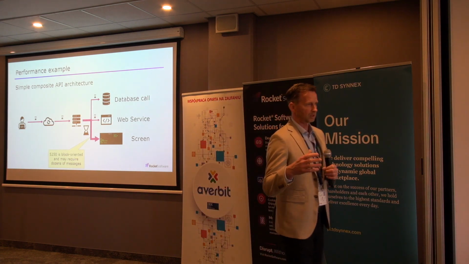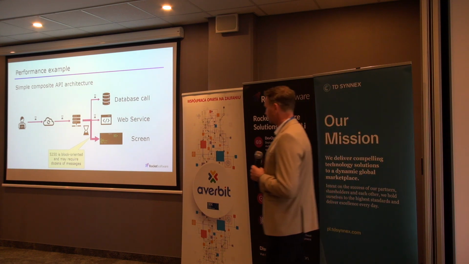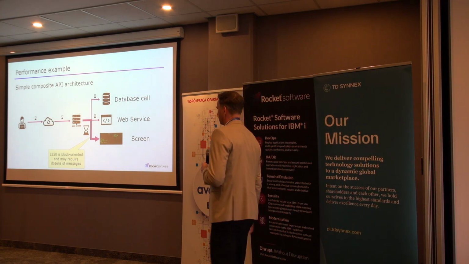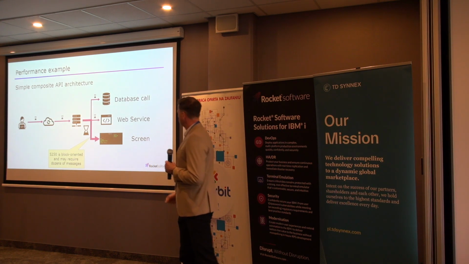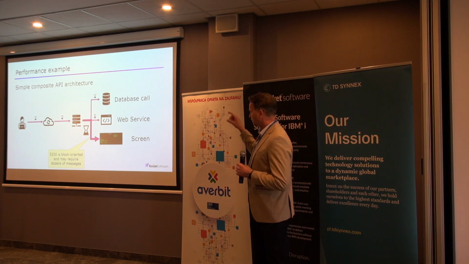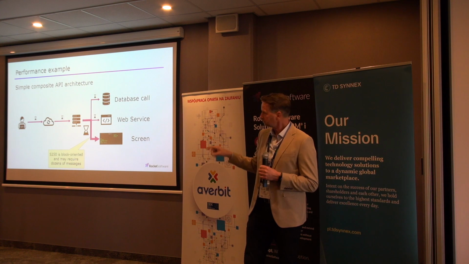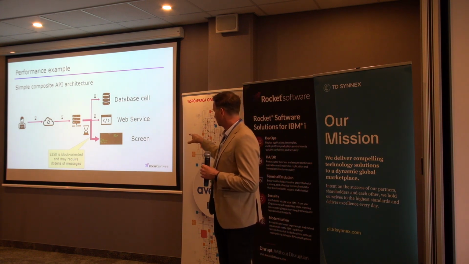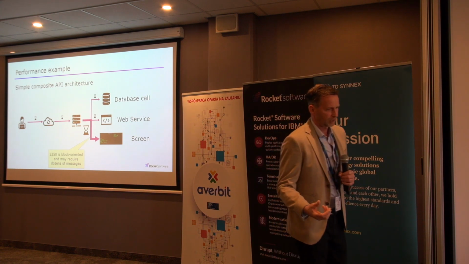You follow your business logic, just like a user, and you come up with an end result. That's a screen API. And you can imagine that that's a little slower than a direct web-based or database call. And if you combine those three, for example, in one composite call, the one on the bottom can be the bottleneck.